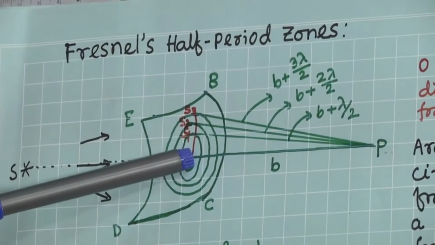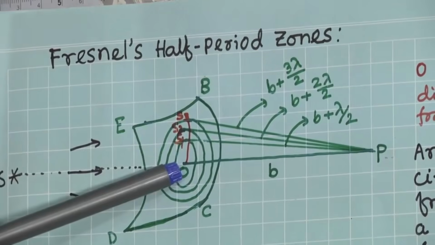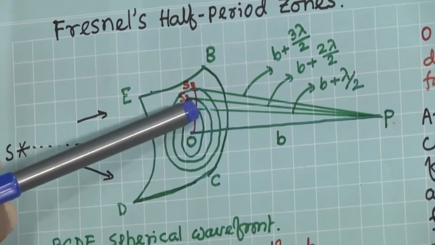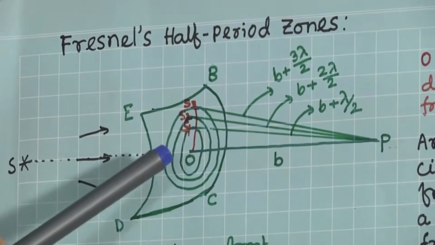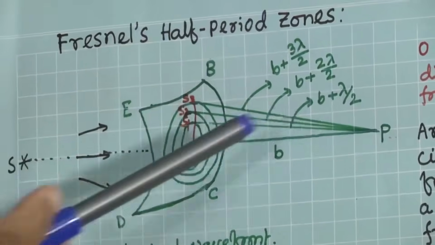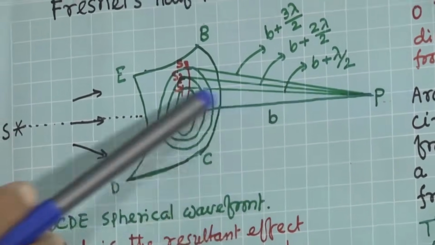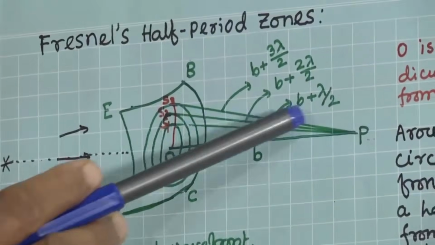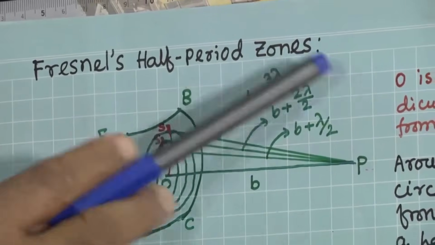So from the center of the aperture, O, the radii of the concentric circles are S_m, where m is 1, 2, 3, 4. So S1, S2, S3, and their corresponding distances to the screen are, as I told, B plus lambda by 2, B plus lambda, etc.